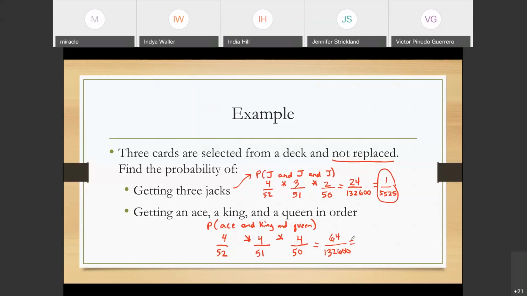All right, so if I go to reduce that, my calculator is not wanting to cooperate with me. So let me play around with it just a minute. It gave me 32 over 663. Okay.